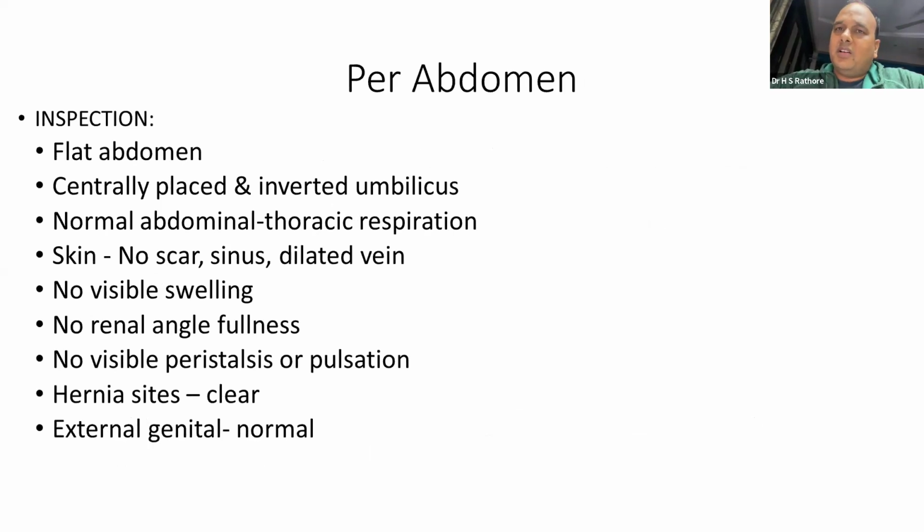On per abdomen examination, inspection: flat abdomen, centrally placed and inverted umbilicus, thoracoabdominal respiration, skin no scar, sinus, dilated vein, no visible swelling, no renal fullness, no visible peristalsis or pulsation. Hernia sites clear, external genitalia normal.